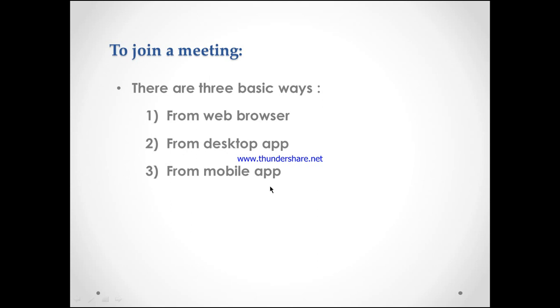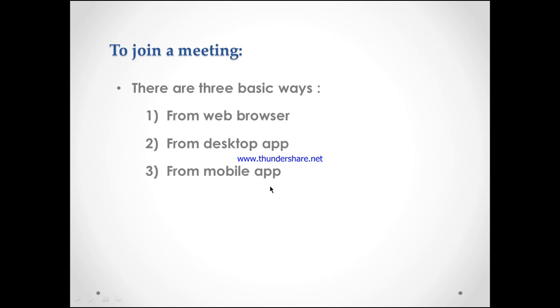When someone is hosting the meeting, he or she will provide the basic information of the meeting, that means some meeting ID, some password or some web link, so that the other person can join the meeting.